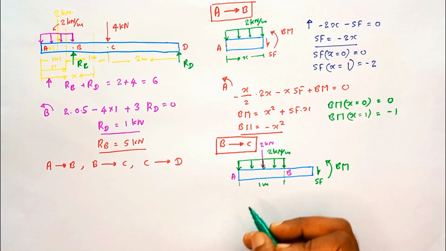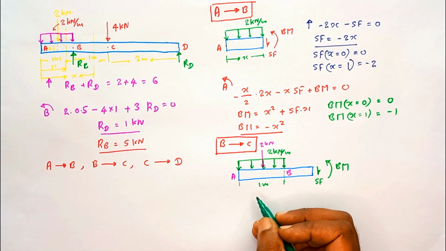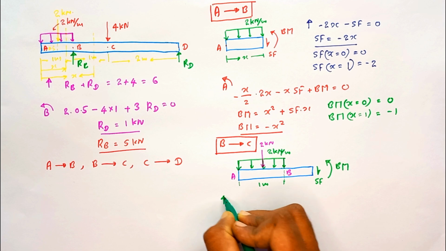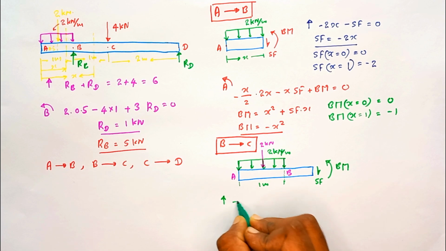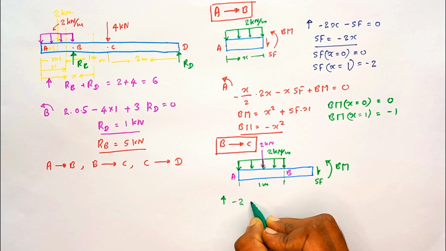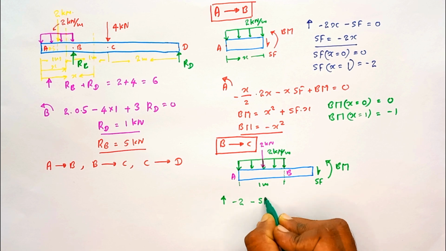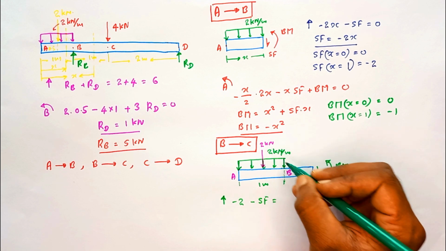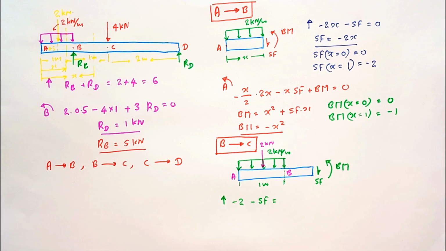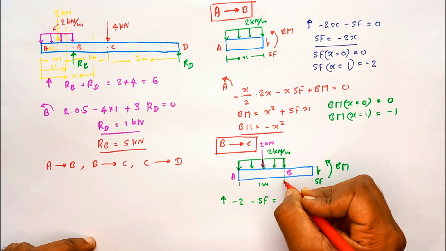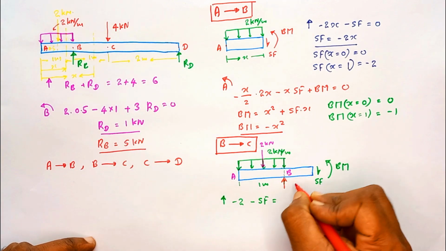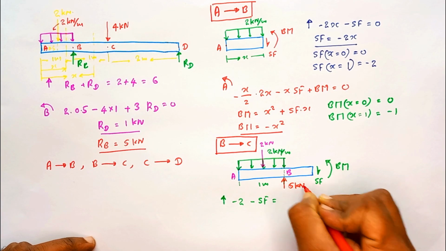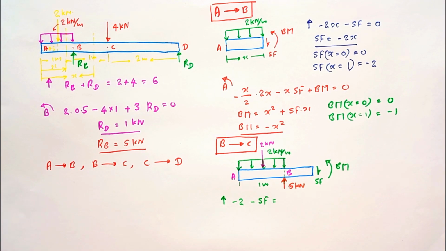Okay, let's obtain the shear force equation. I am going to resolve all the forces in the vertical direction. Minus 2 minus shear force. Sorry, here at the B point there is a 5 kilonewton force also acting.